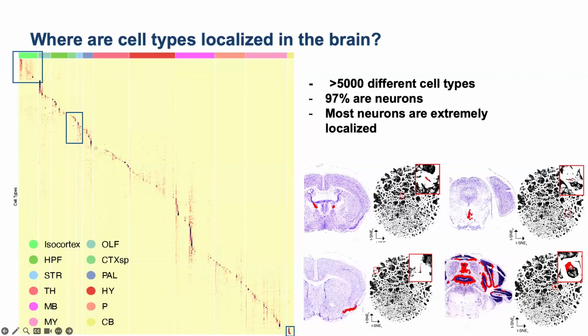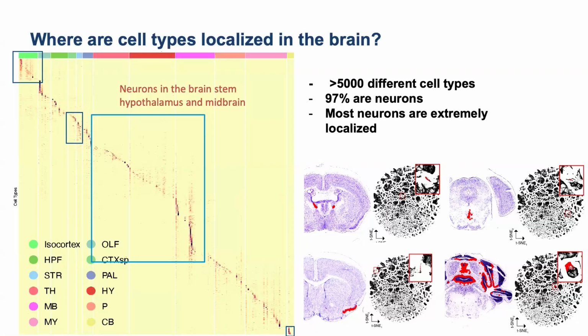Another very surprising thing is that if you look at where the diversity is, these three boxes represent the hippocampus, the cortex, and the cerebellum, three traditionally very well-studied regions of the brain. That's not where a lot of the cell type diversity is. It was overwhelmingly localized in what we would call the brainstem: the hypothalamus, brainstem, and midbrain. These are areas of the brain we think of as serving very basic functions, like regulating alertness, reflexes, movement, and appetite.